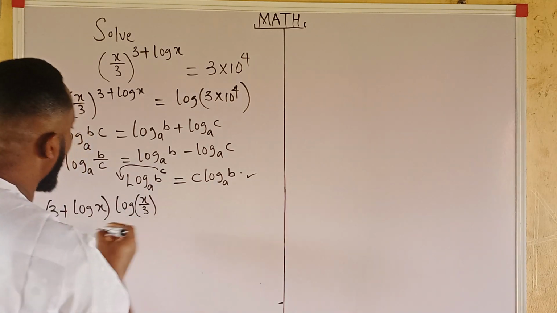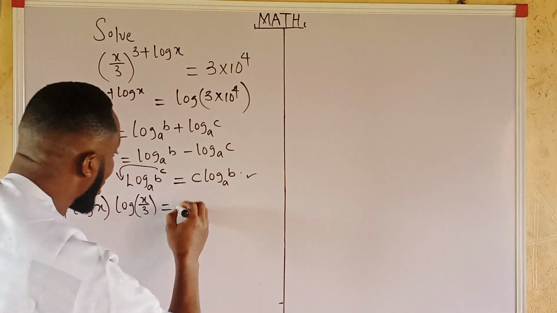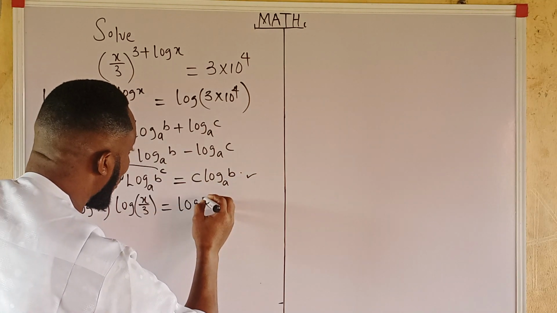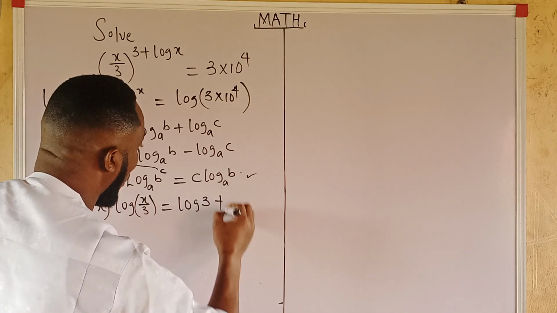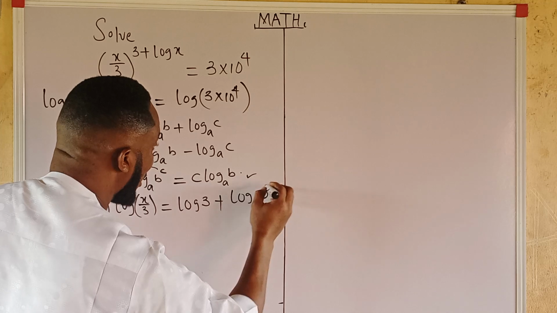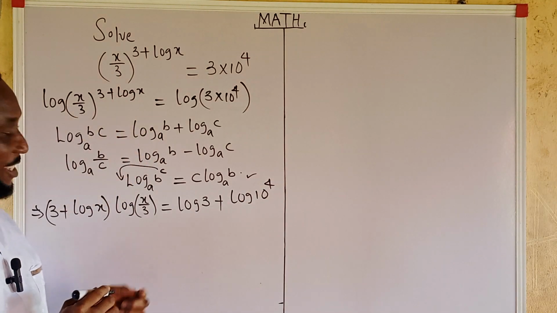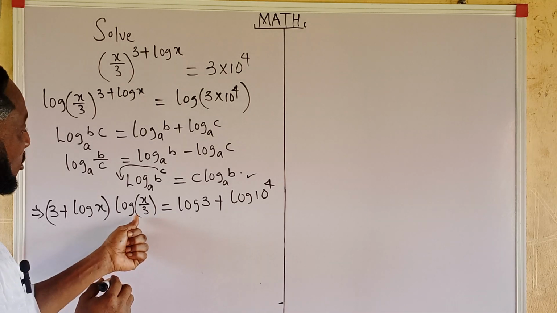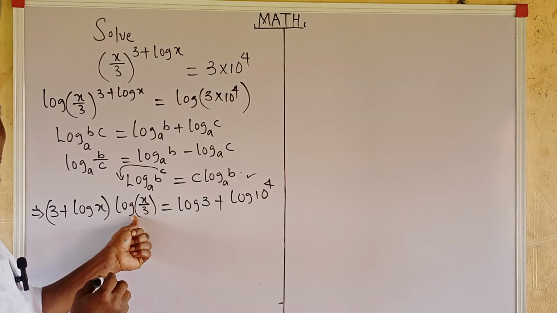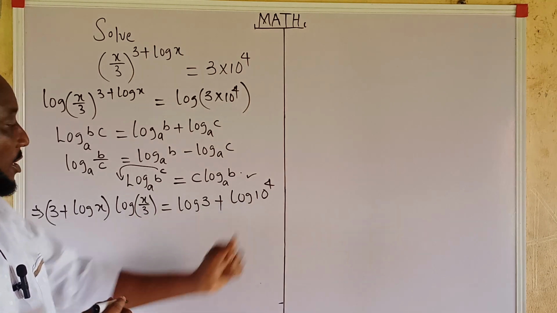Let me put this in parentheses, equal to, on the right side, log to the base 10 of the argument 3 plus log to the base 10 of the argument 10 to the fourth. Okay? So this is interesting, right? We use the division rule here. We use the power rule here.